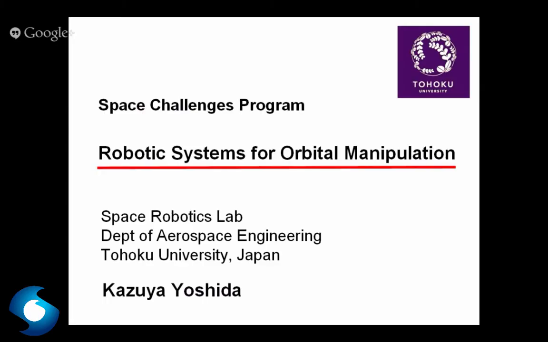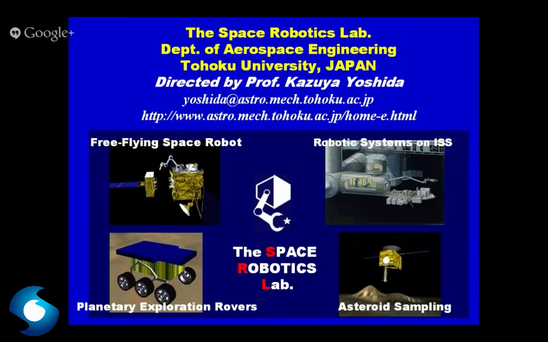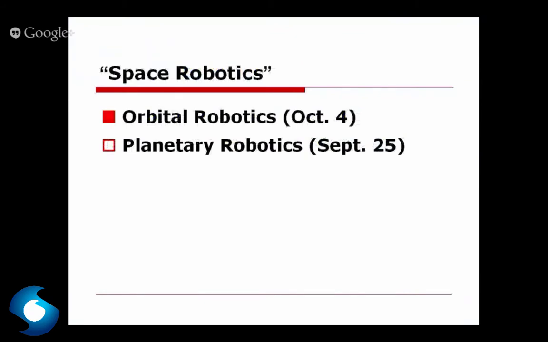Tonight I will speak about orbital manipulation as one of the important topics of space robotics. Tonight: robotic systems for orbital manipulation. Last week I spoke about planetary robotics, but tonight orbital robotics.